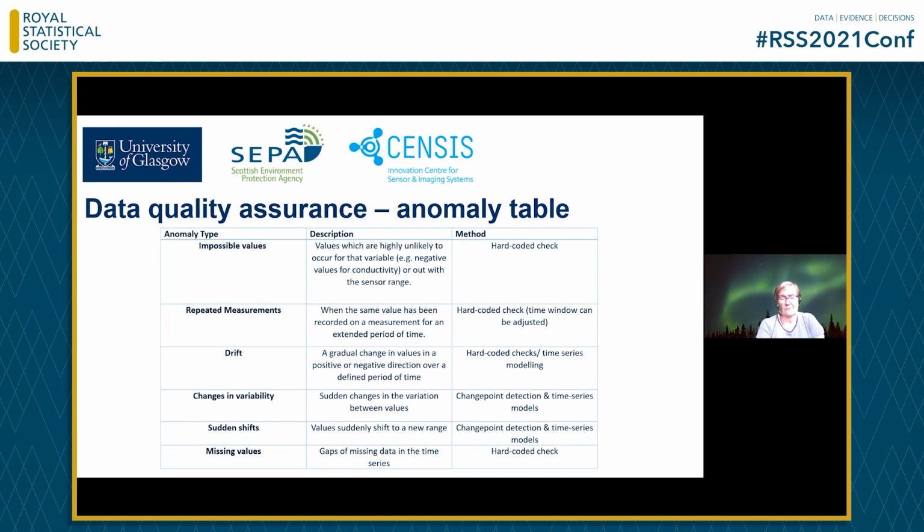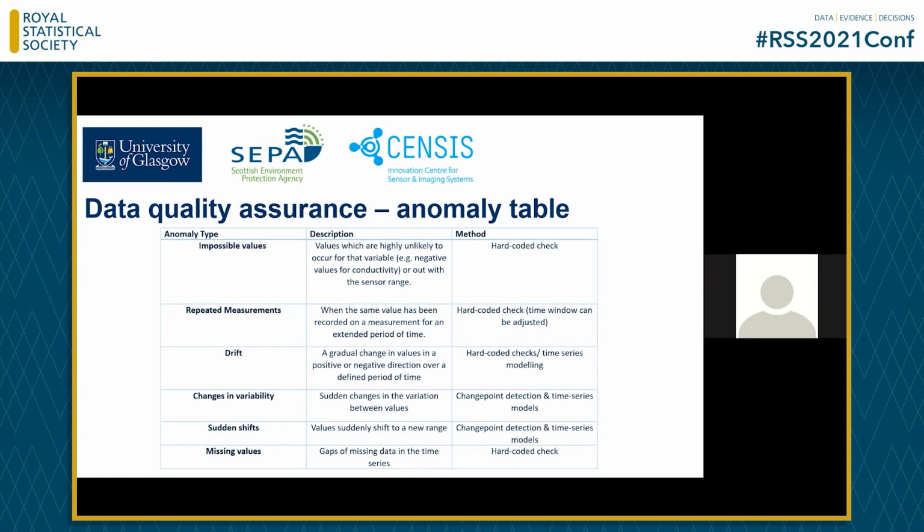Missing values, I guess you wouldn't necessarily describe as an anomaly, but it's certainly an important feature that we had to think about. Again, we wanted some form of automatic flagging system that might simply say to the guys in SEPA who are looking at and using the data that there's maybe something slightly strange happening here, and then they can explore it further.